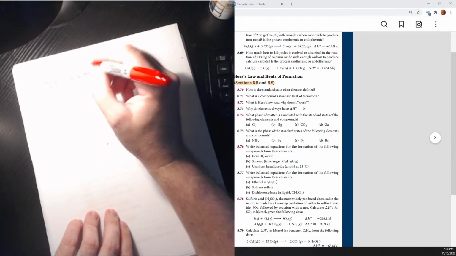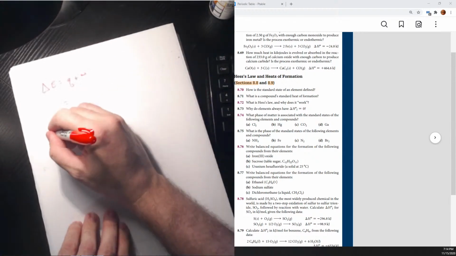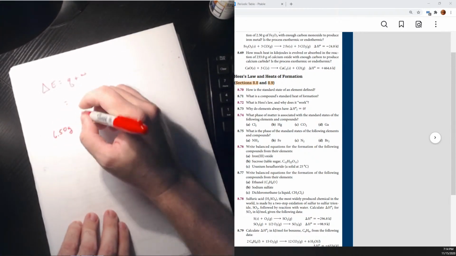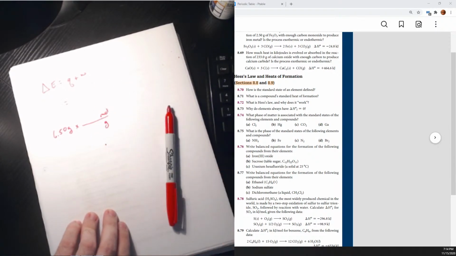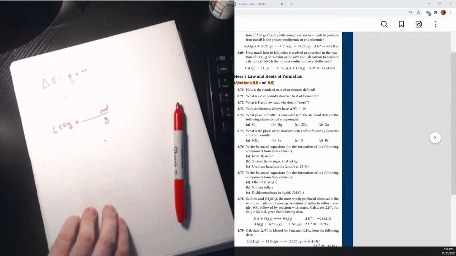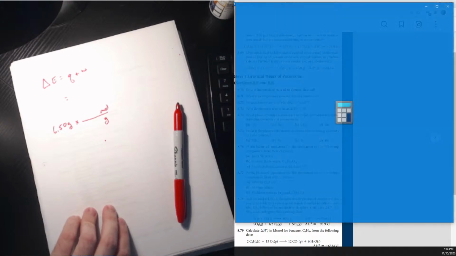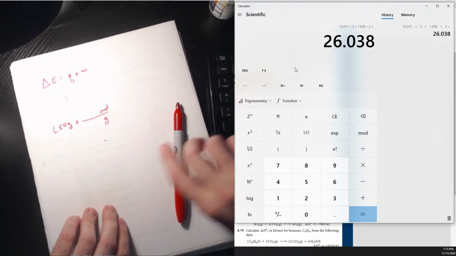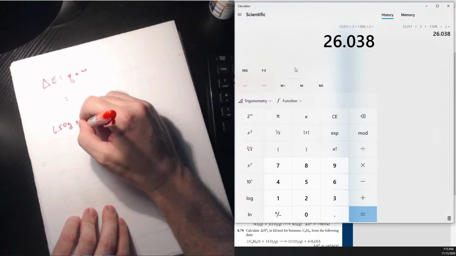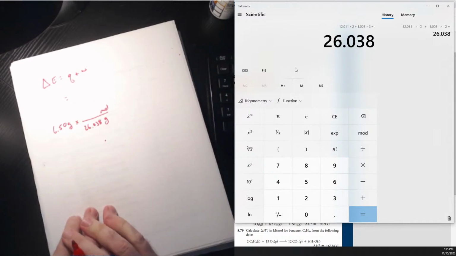6.50 grams of acetylene times grams per mole. Acetylene is about 24 plus 2, about 26, so 26.038 grams per mole.